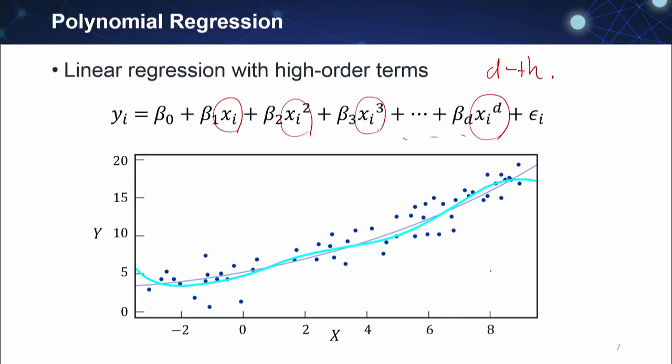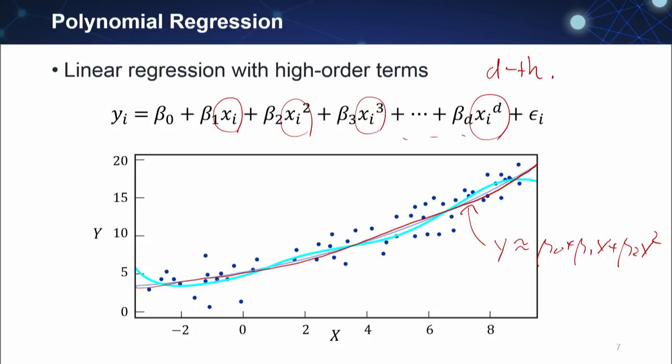Each dot is the observed data, and this blue line is the second order polynomial regression, where y is modeled by beta 0 plus beta 1 x plus beta 2 x squared.